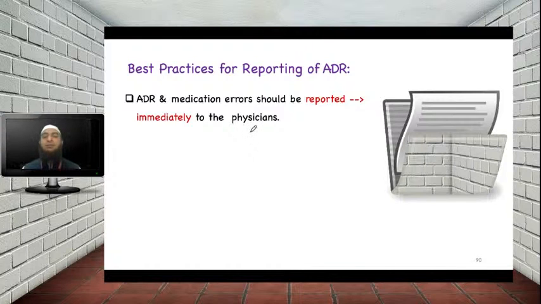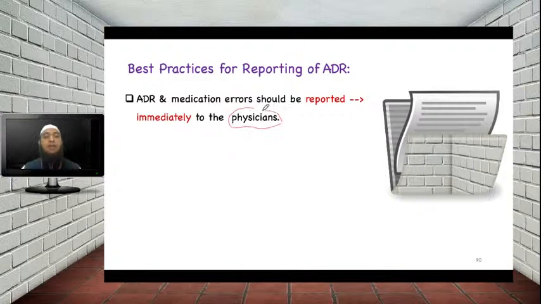So when as a pharmacist or physician you are prescribing or dispensing the medicine, you must counsel the patient and inform that if you are suffering from any sign and symptom of adverse drug reaction or any unusual sign and symptom, then you must immediately report to the physician.